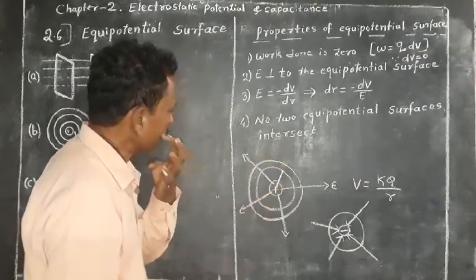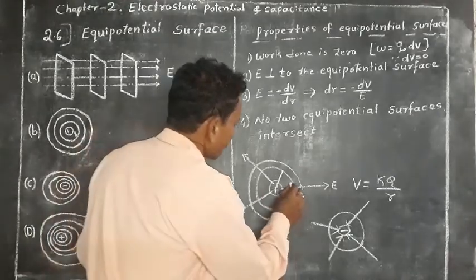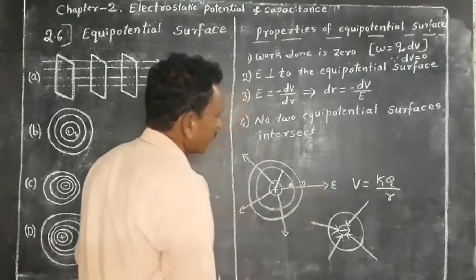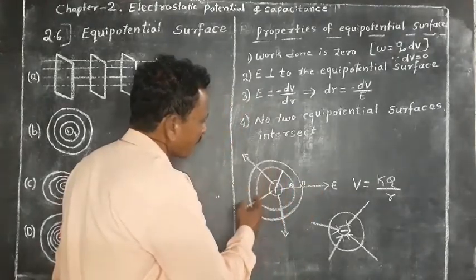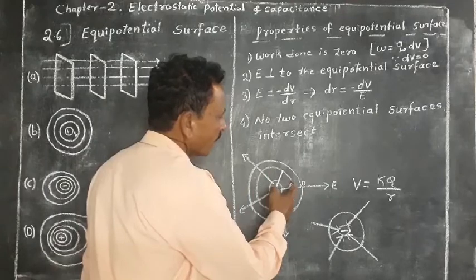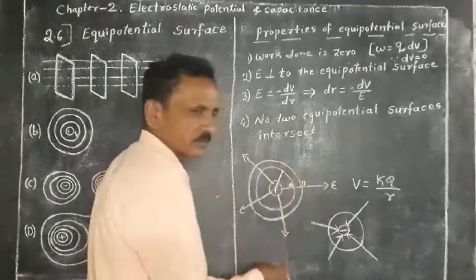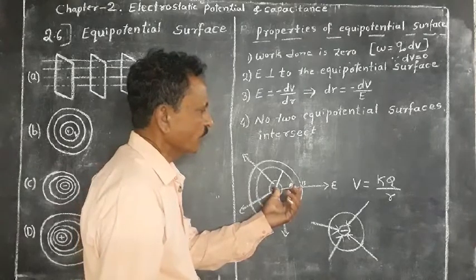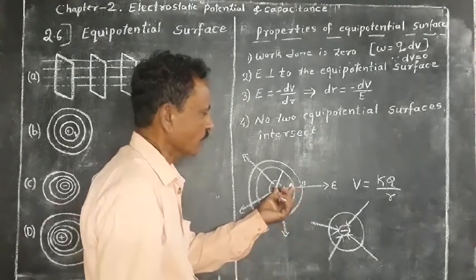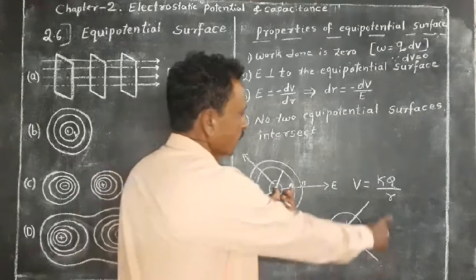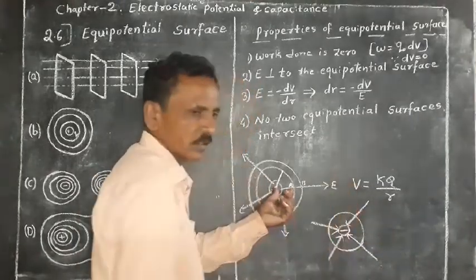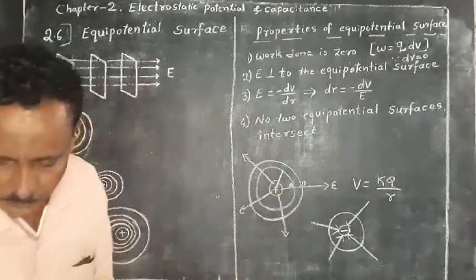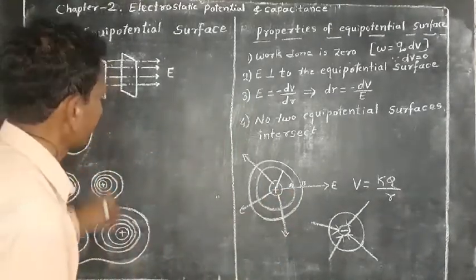Suppose this is surface A and this is surface B. Surface A is at higher potential than surface B, because the distance of surface B is greater than the distance of surface A, and as distance increases, potential decreases.